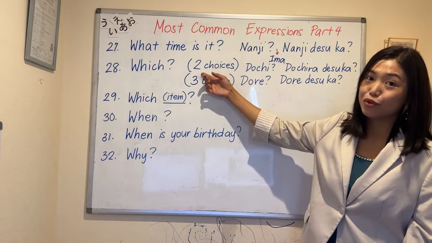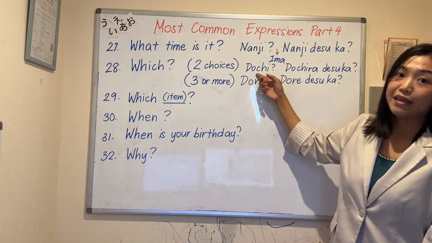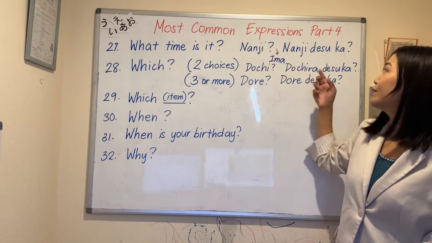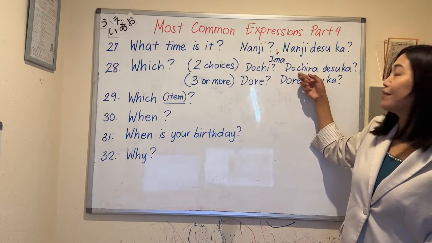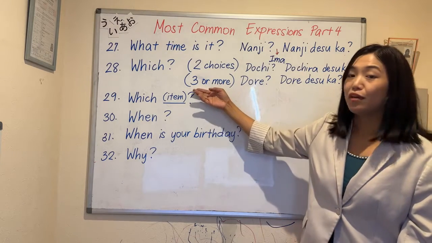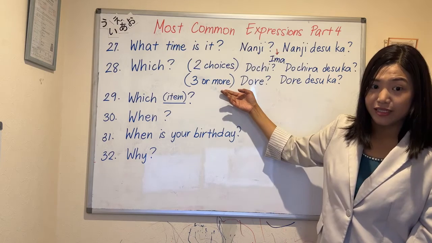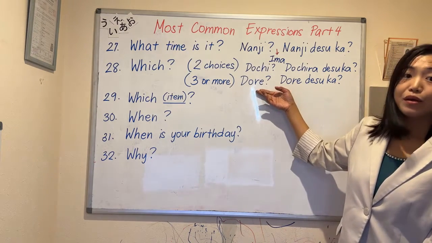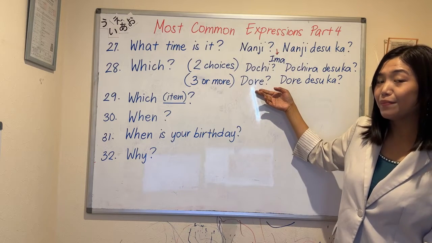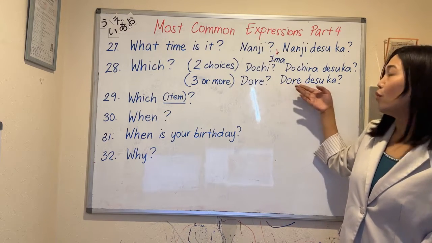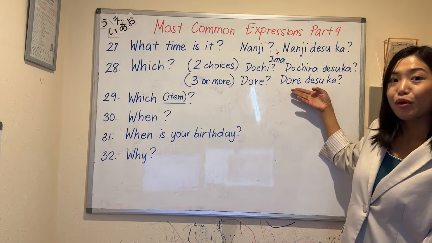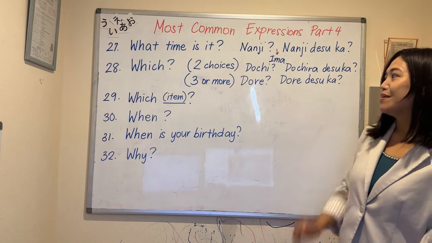If you have 2 choices, the casual way is dochi, or the polite way, dochira desu ka? If you have 3 or more choices, casually you can ask dore, or politely dore desu ka? So there.